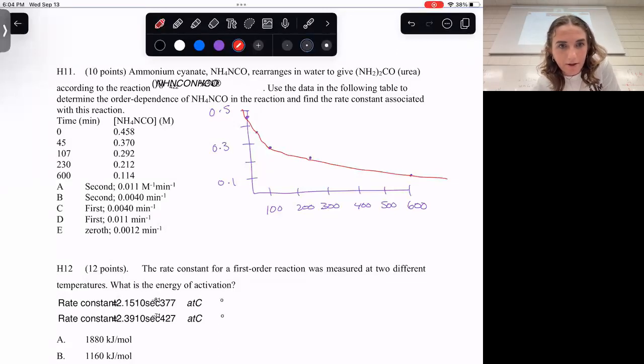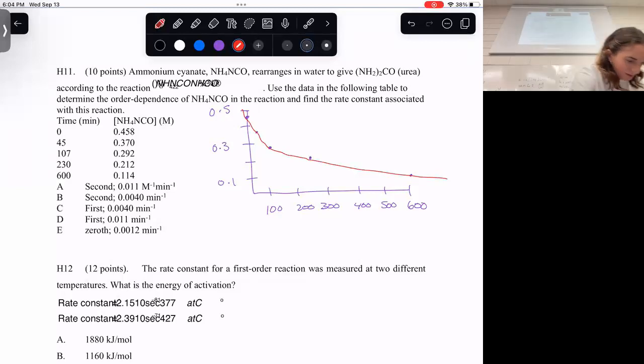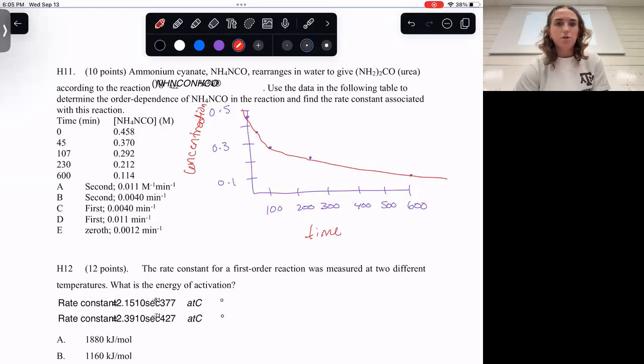So if we look at this, this would be your concentration, and this is time. I'm going to show your notes.